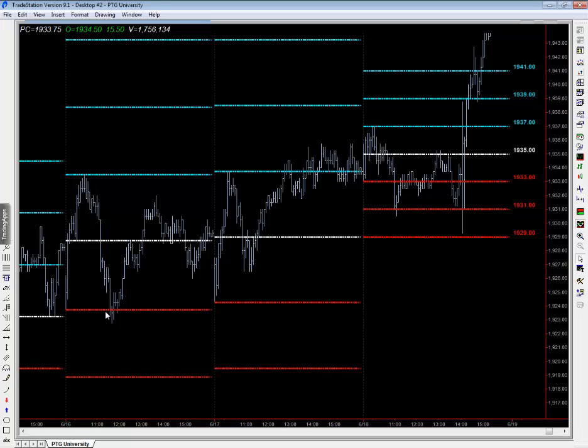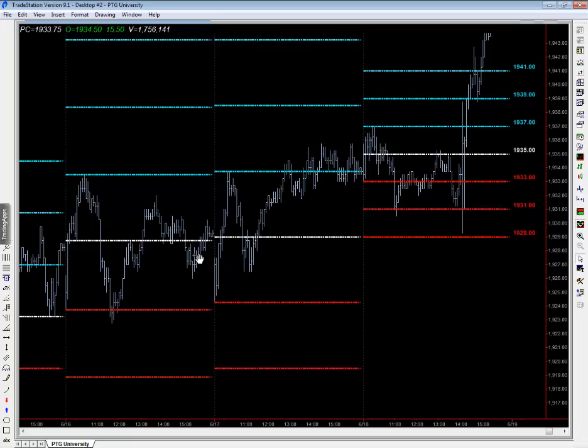When a lineman is down on all fours, it's very hard to move him, because he has a wide stance. So the wider the range, the harder to move it. There's a lot of freedom to move within the range, but the upper and lower boundaries are pretty solid, and to expand this range is going to take a lot of energy. So just think of it in those terms.